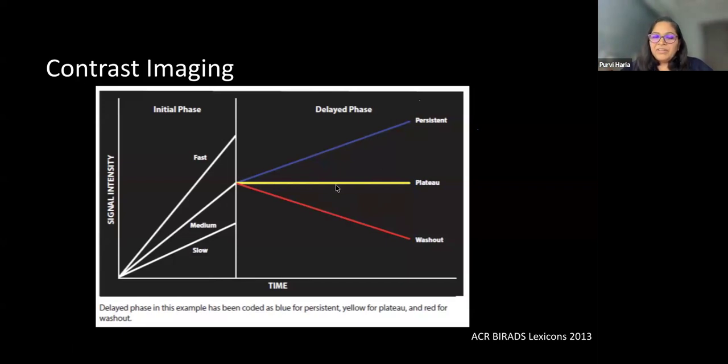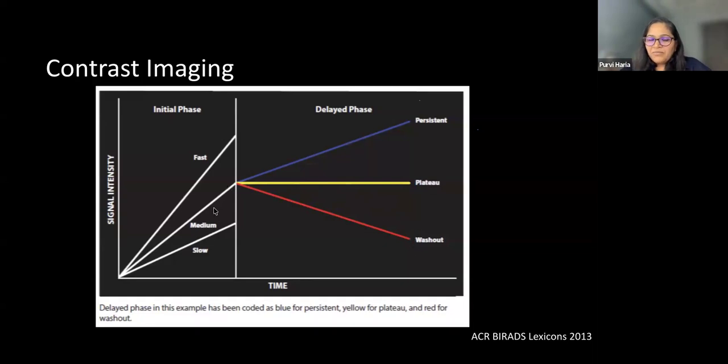We talk about whether there is a washout from the initial increase till the peak signal intensity. There is washout, as we saw in this case. Sometimes the signal intensity remains stable, or there is a slow persistent increase in the signal intensity, depending on which we decide the type of the curve.